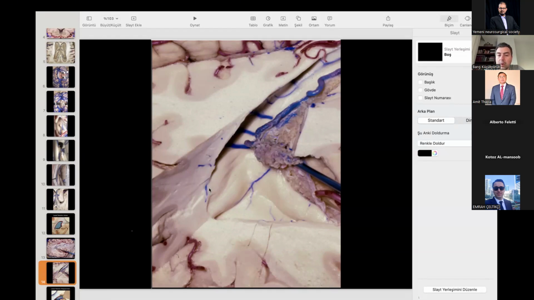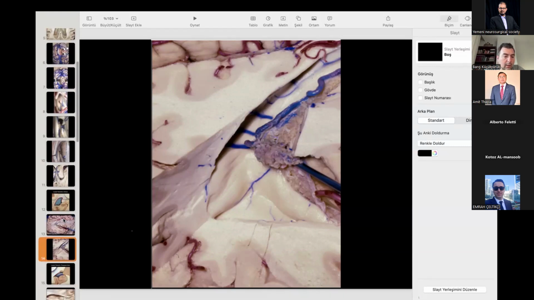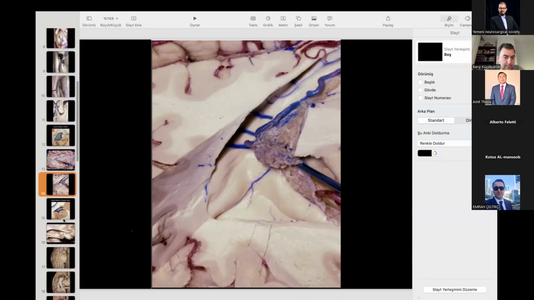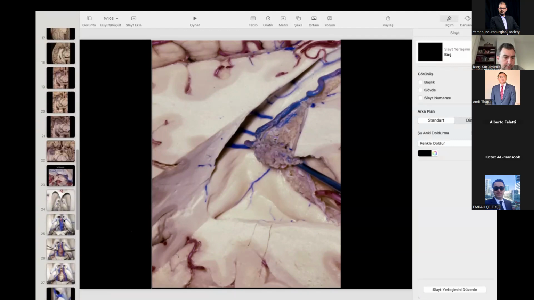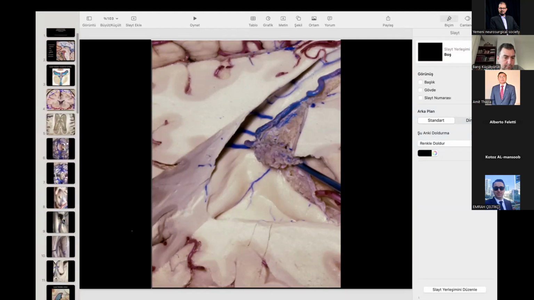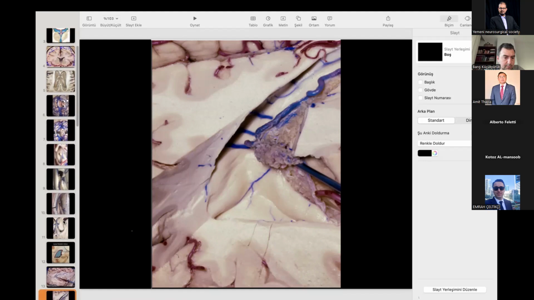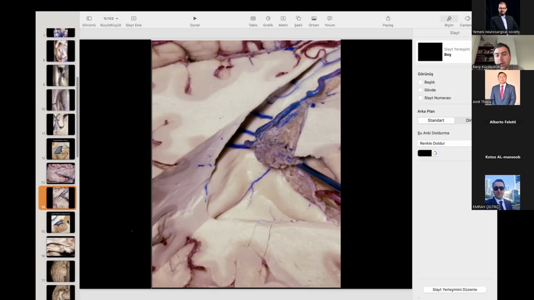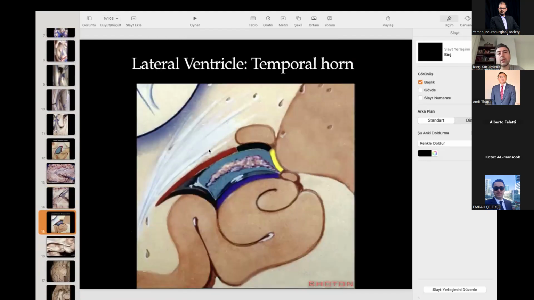And the superior one is formed by the forceps major fibers of the corpus callosum passing through the splenium. When we go anteriorly, then we see the temporal horn.